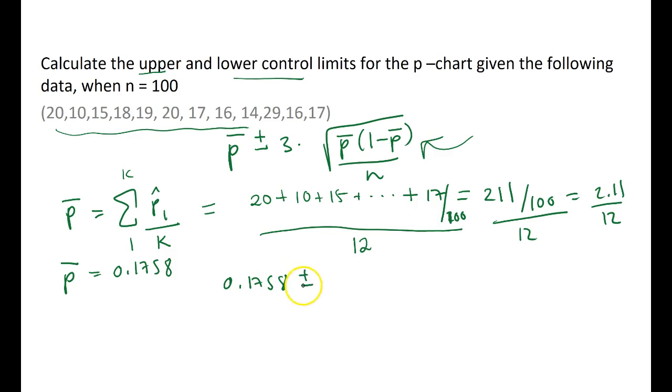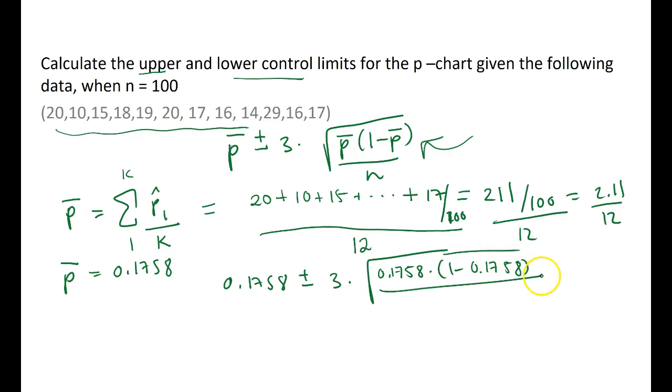0.1758 plus or minus 3 times the square root of 0.1758 times 1 minus 0.1758, divided by n, the number of samples in each subgroup, which is equal to 100.